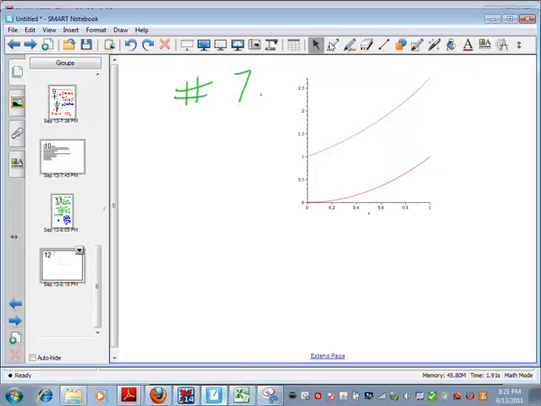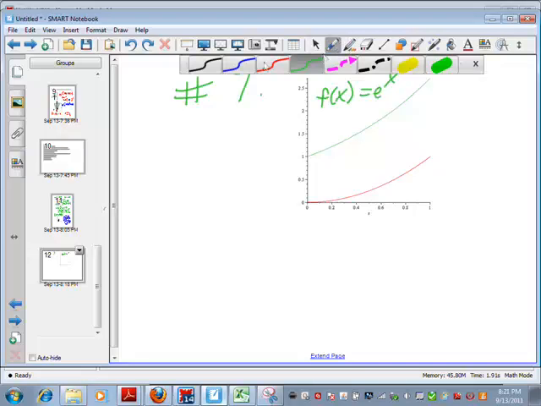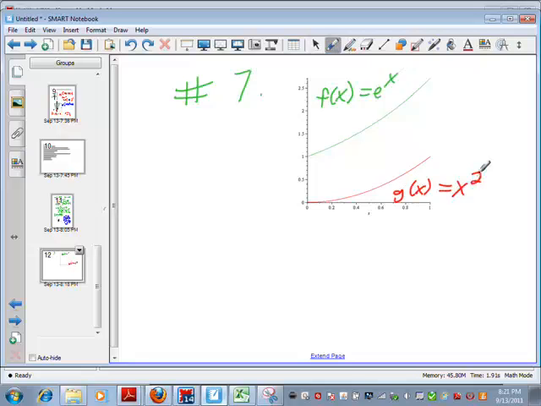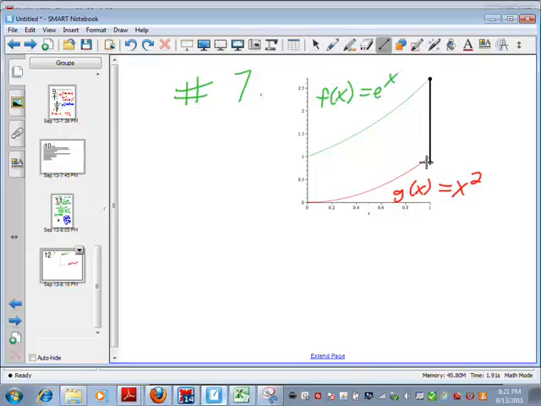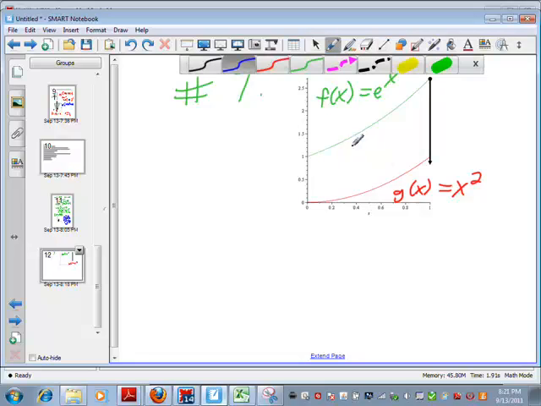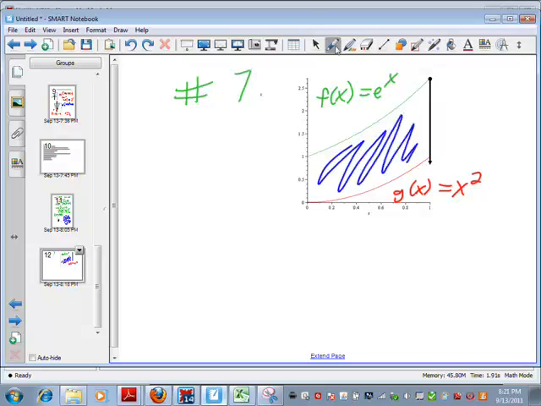In green, f of x equals e to the x, g of x equals x squared, and that area there is the integral from 0 to 1 of e to the x minus x squared.